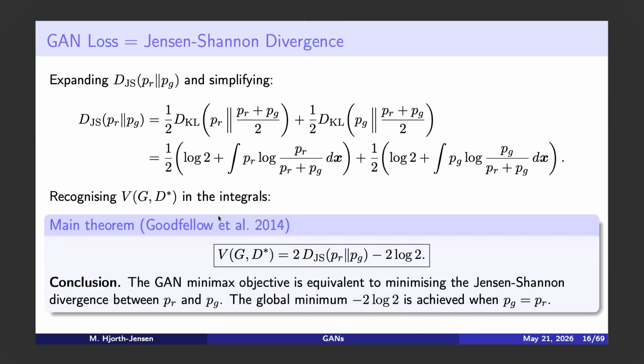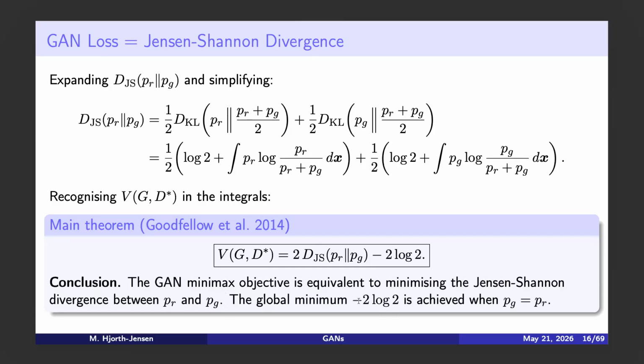When you do the algebra, expand and simplify a little bit, putting in the limits which we found from the previous case and recognizing these quantities, you find that the GAN minimax objective is equivalent to minimizing the Jensen-Shannon divergence between the probability which represents the data and the probability of the generator.